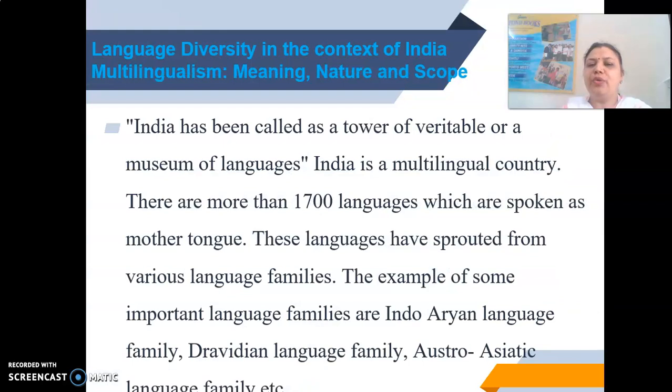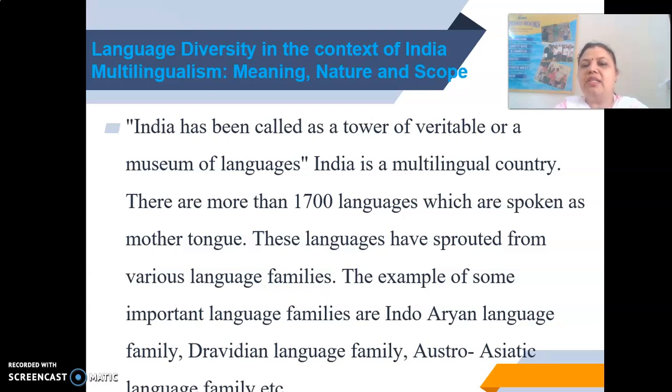As we all know, India is a diverse country in terms of language, culture, food habits, dressing and so on. India has been called a Tower of Babel or a Museum of Languages.